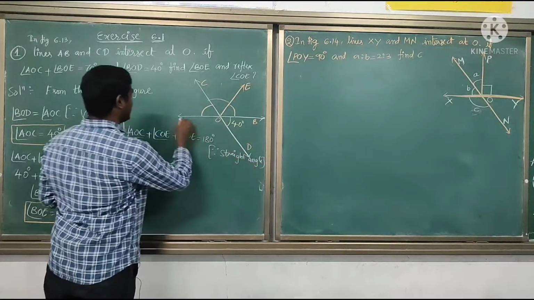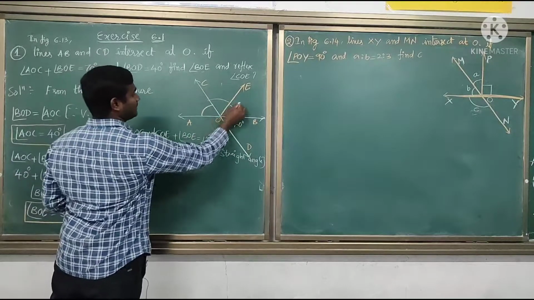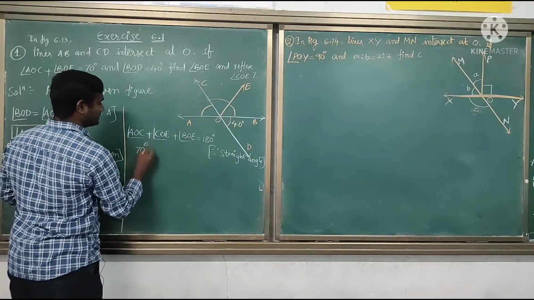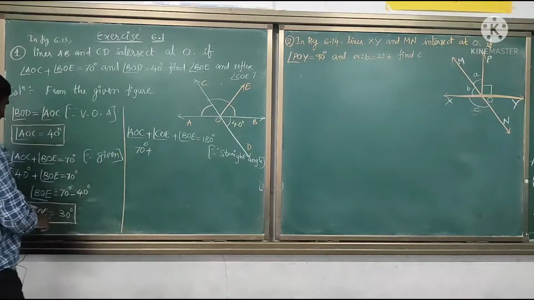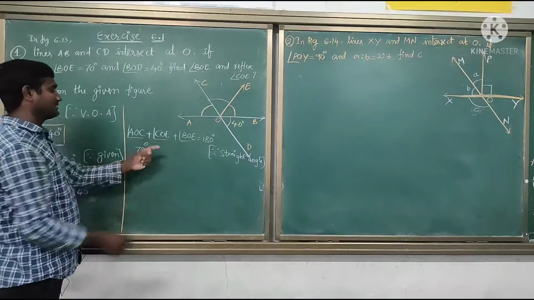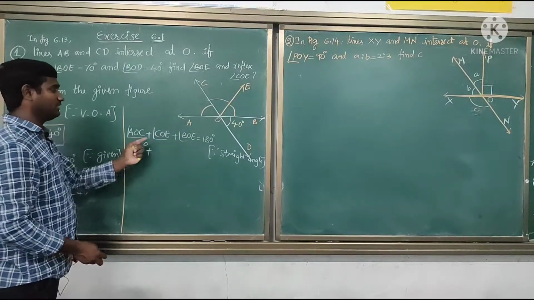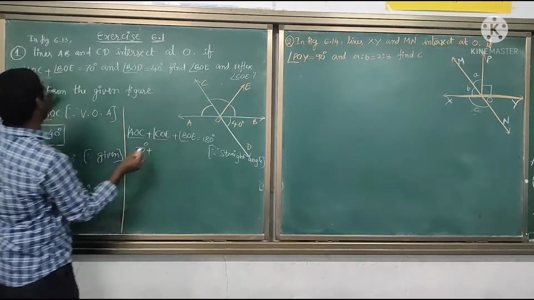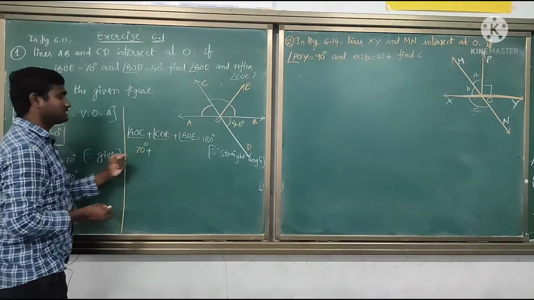You know that angle AOC plus angle BOE, the sum of these two angles, is 70. Otherwise you can write AOC is 40 degrees, BOE is 30 degrees, 40 plus 30, again 70 only will come. They gave AOC plus BOE equals 70.